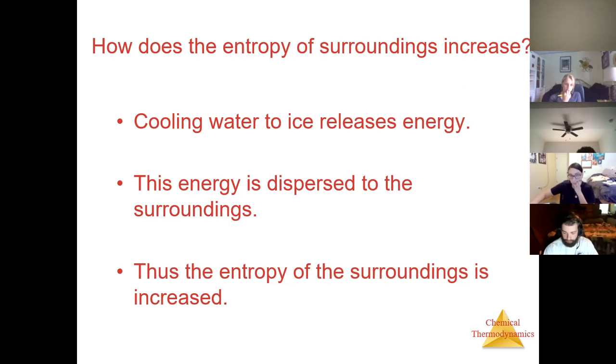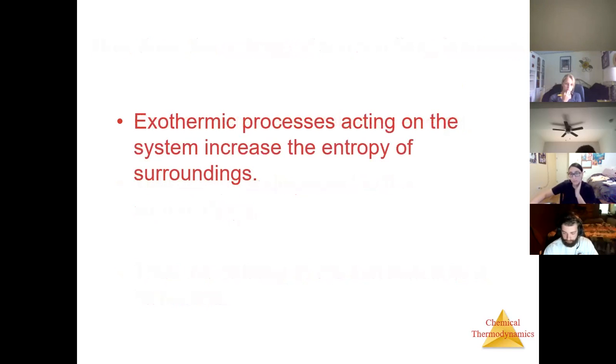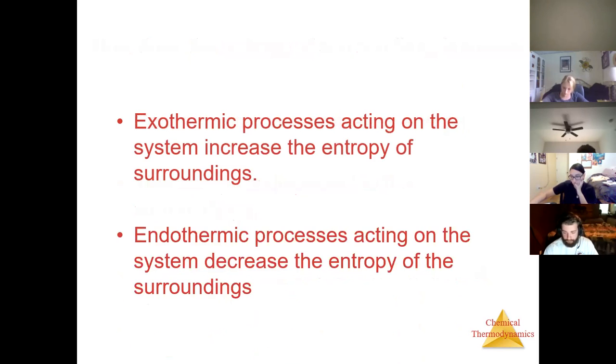Therefore, the entropy of the surroundings increases. An exothermic process acting on the system increases the entropy of the surroundings. An endothermic process acting on the system decreases the entropy of the surroundings.